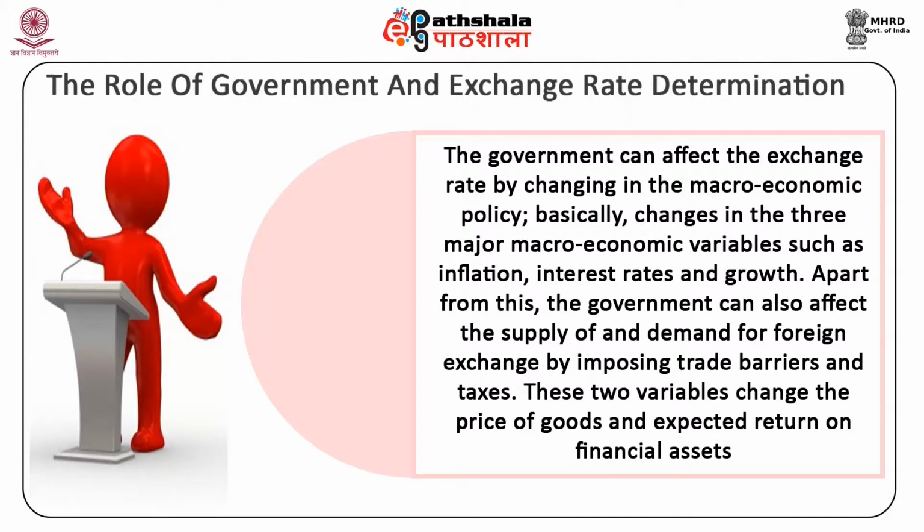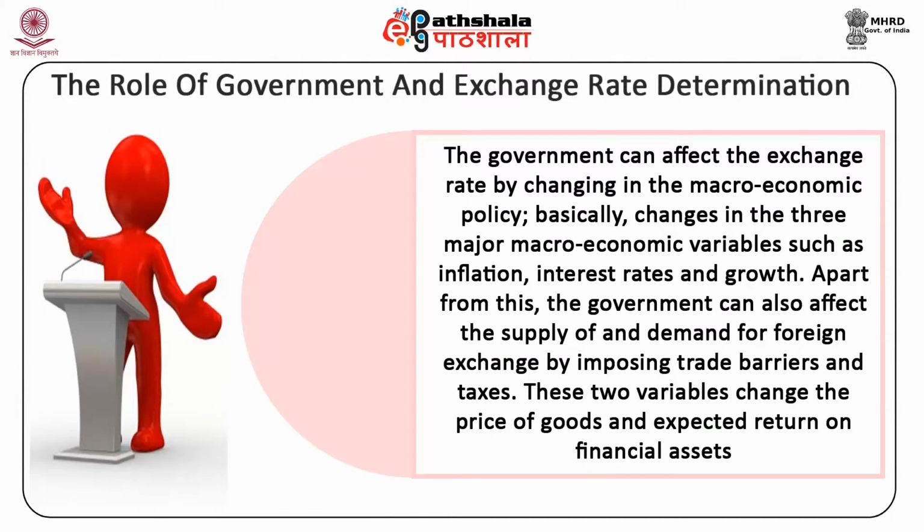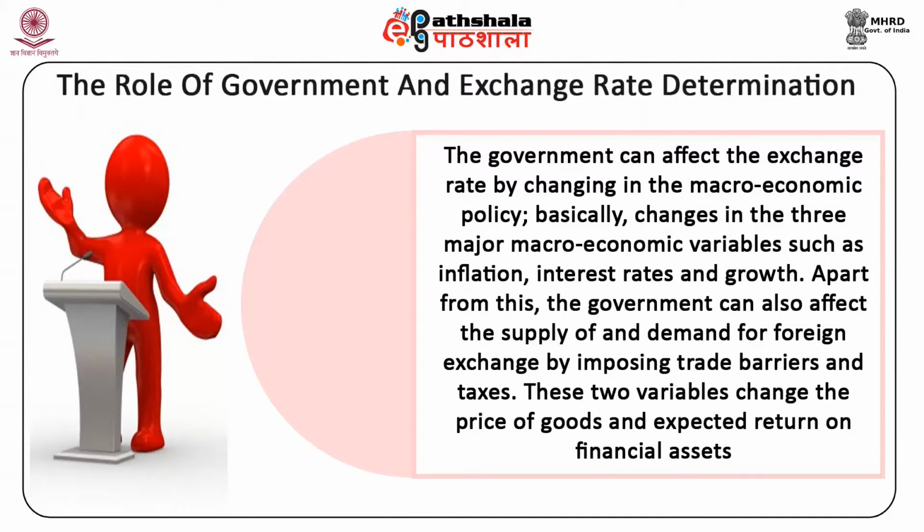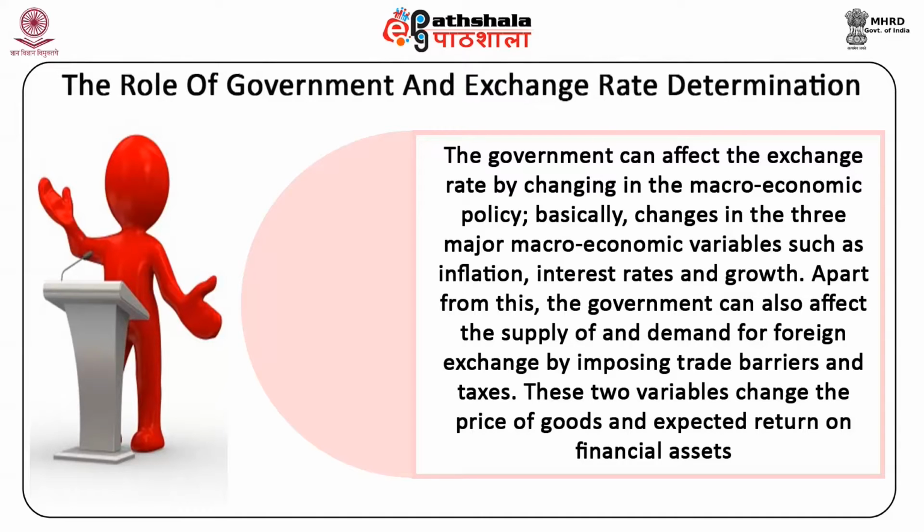Apart from this, the government can also affect the supply of and demand for foreign exchange by imposing trade barriers and taxes. These two variables change the price of goods and expected return on financial assets. Such changes may lead to a significant change to the determination of foreign exchange rate in an economy.